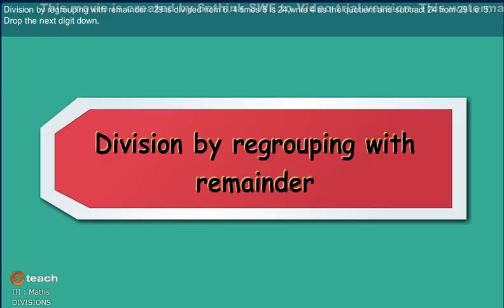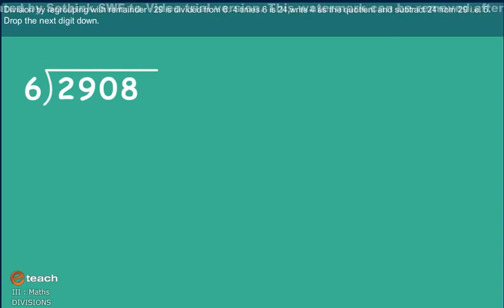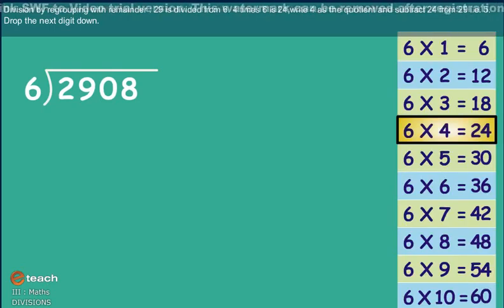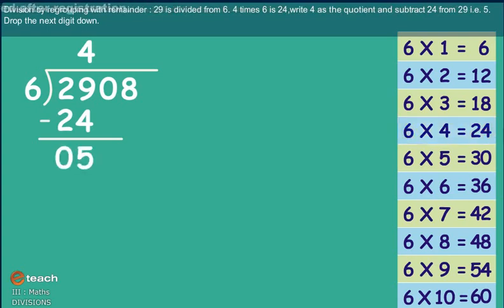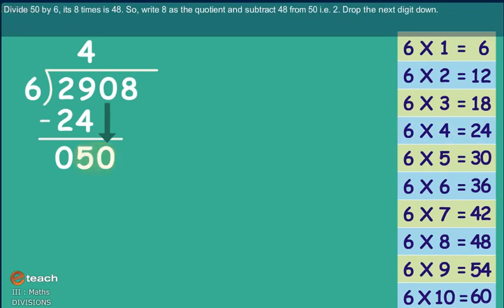Division by regrouping with remainder. 29 is divided by 6. 4 times 6 is 24. Write 4 as quotient and subtract 24 from 29. Drop next digit down. Divide 50 by 6. It's 8 times, which is 48.